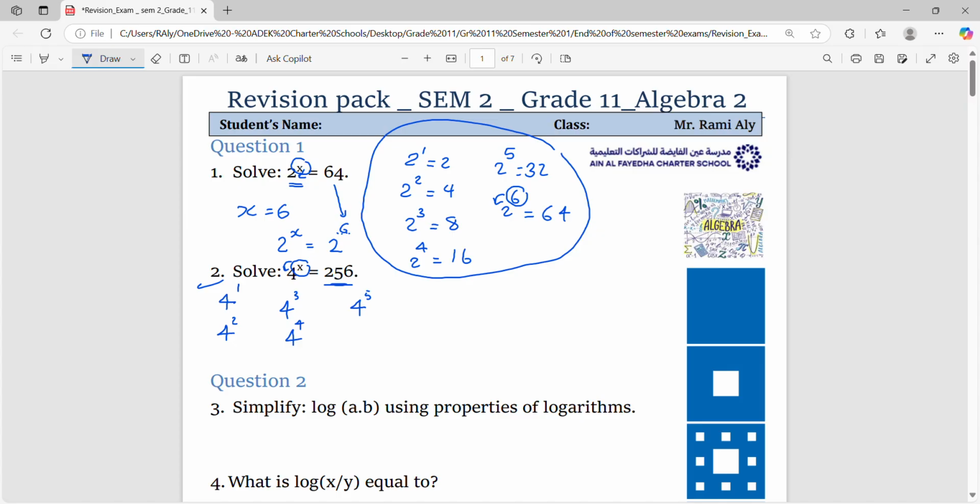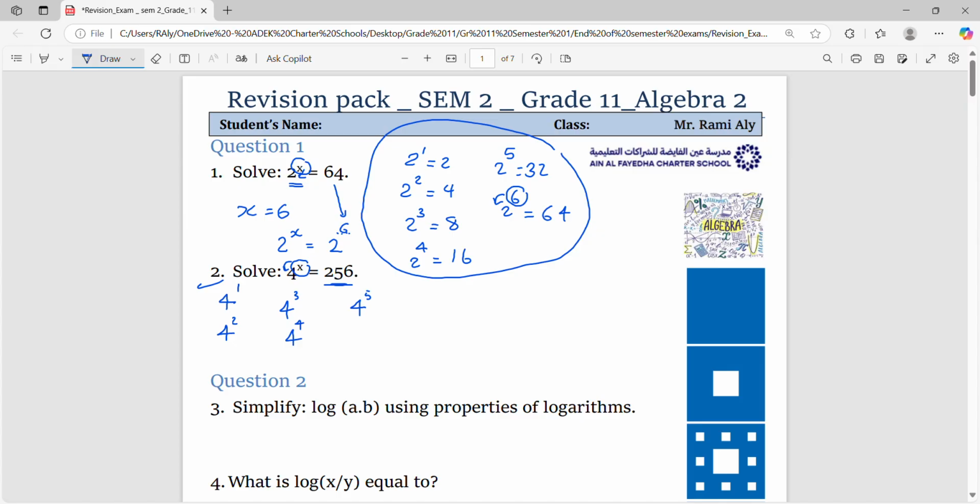4 power 1 is 4. 4 power 2 is 16. 4 power 3 is 64. 4 power 4 is 256.